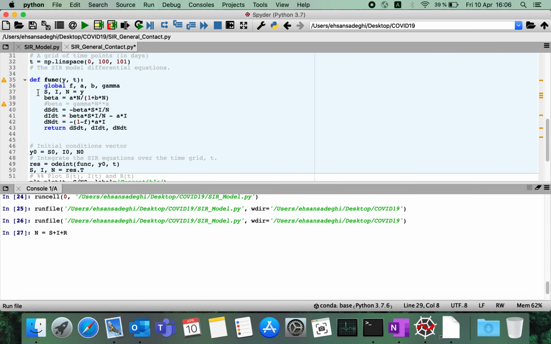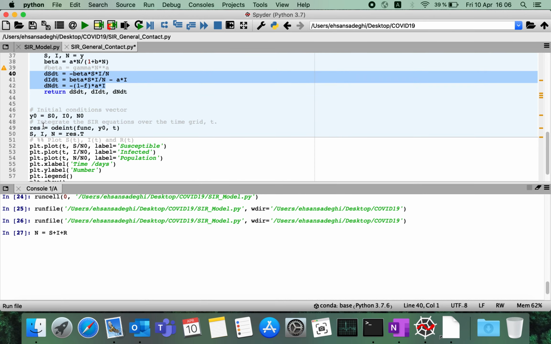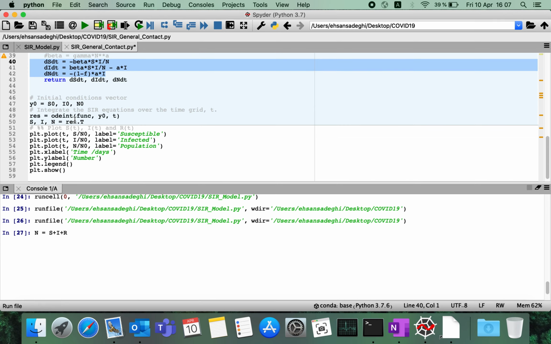We go ahead and write the function, our system of differential equations. We initialize it with S0, I0, and 0, and we solve it with the odeint function of the SciPy package.